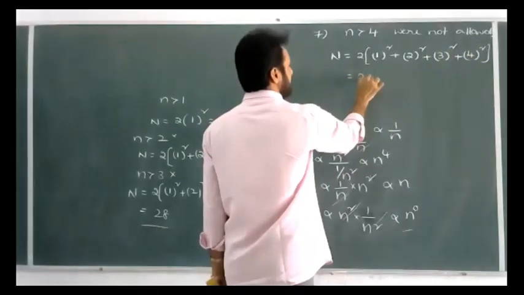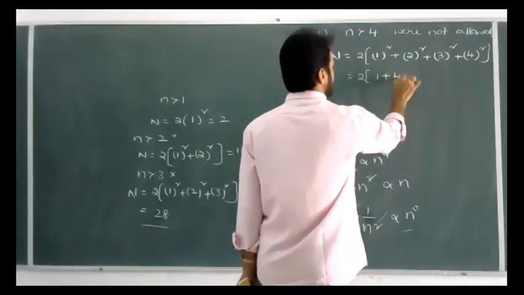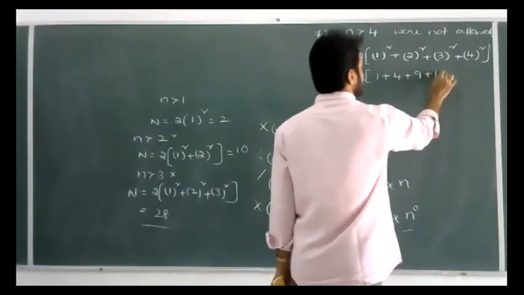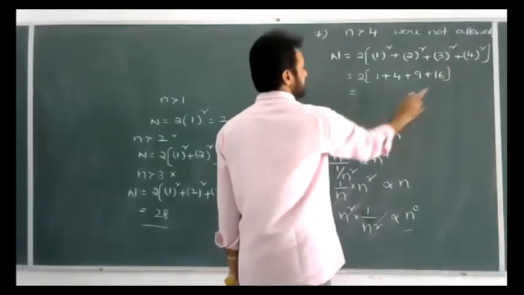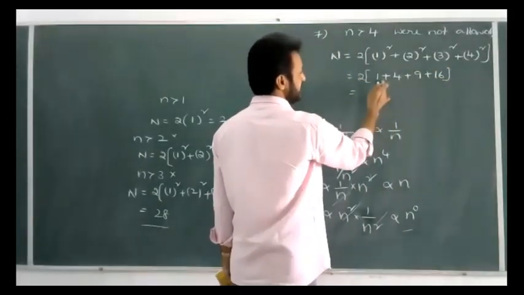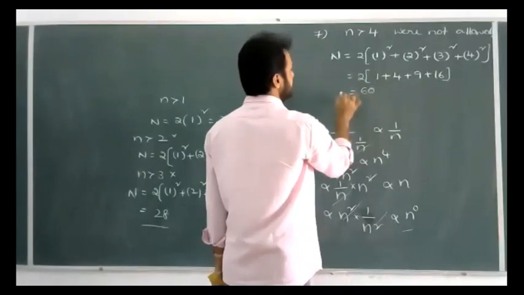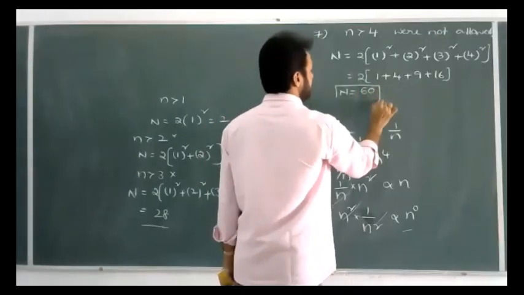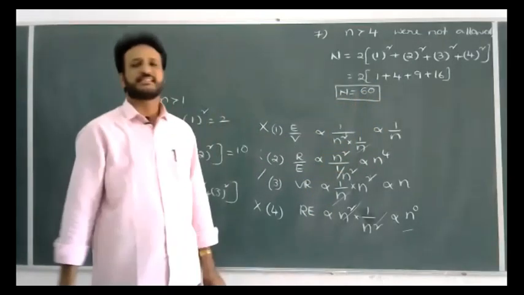That equals 2 into 1 plus 4 plus 9 plus 16. That is 16 plus 4 is 20, 20 plus 10 is 30, 32s are 60. So the number of possible elements in nature is a total of 60.